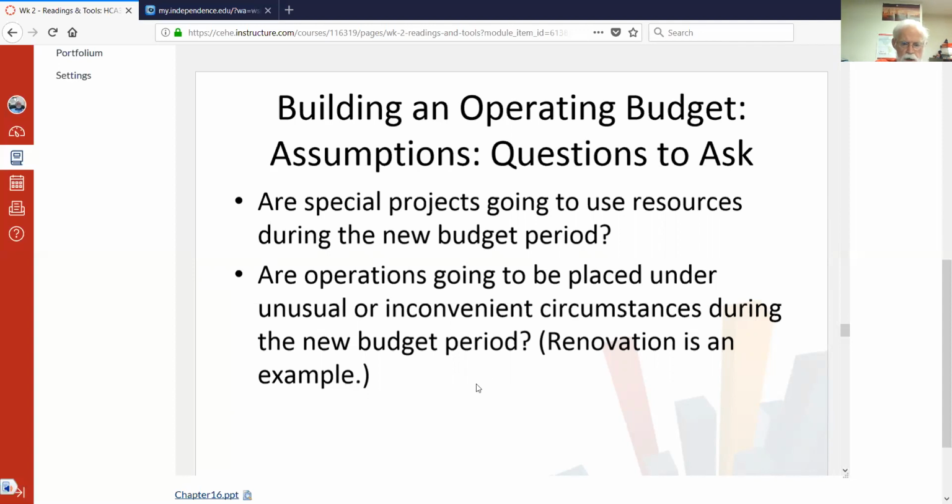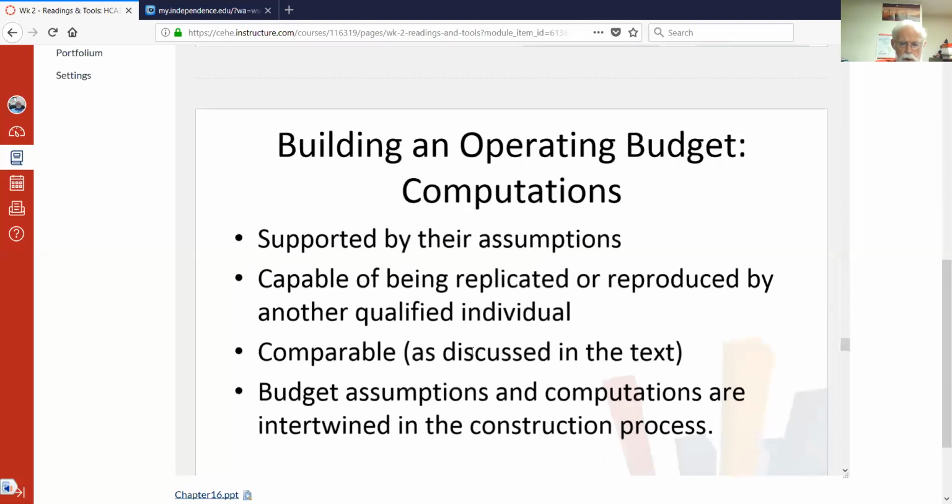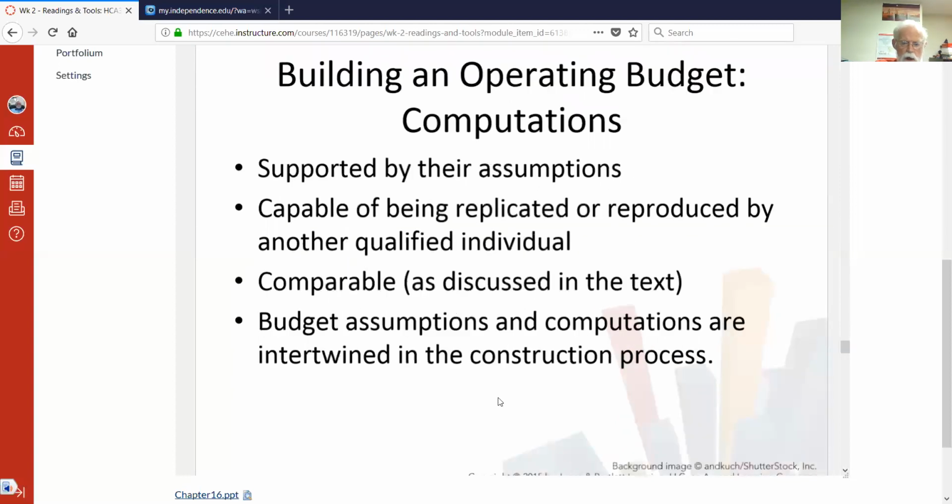The renovation for that closed down labs, and people had to move from one place to another. It was a very difficult process that, because of the way that's done, took a couple of years. So those are the kinds of things that can really mess with your budget, because inevitably they add expense, and they interfere with the ability of people to do their work.